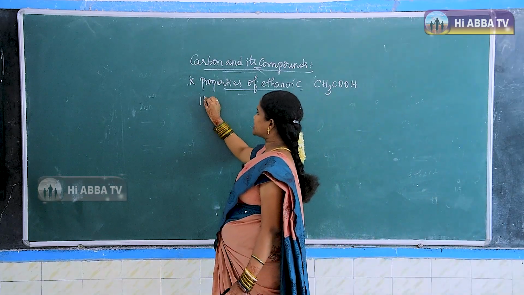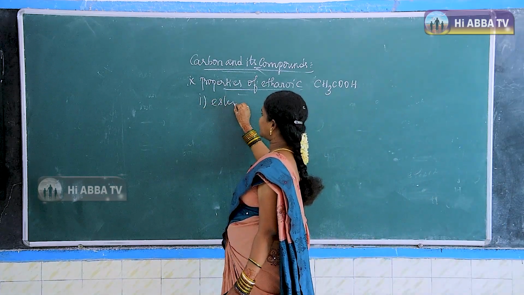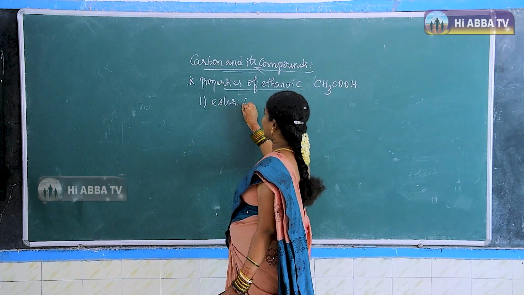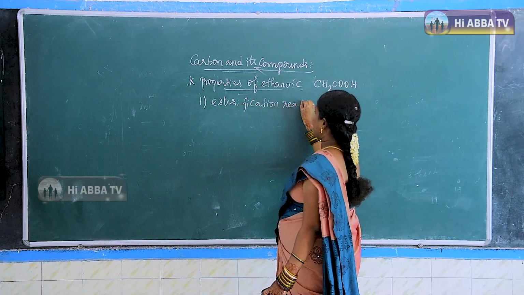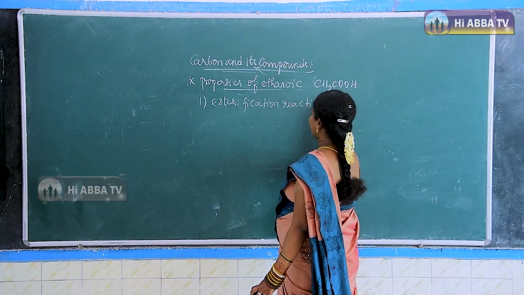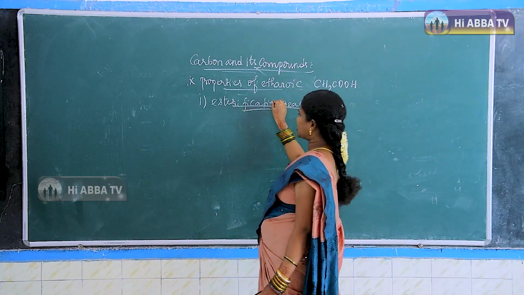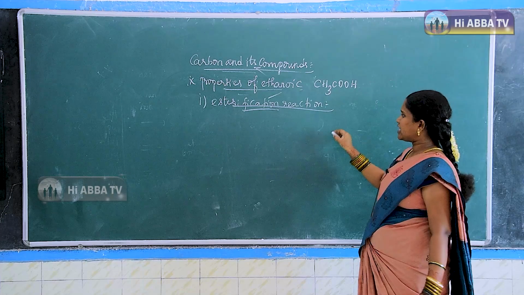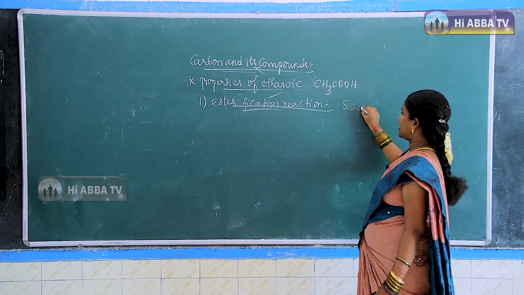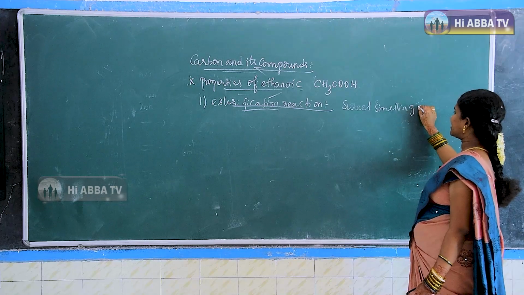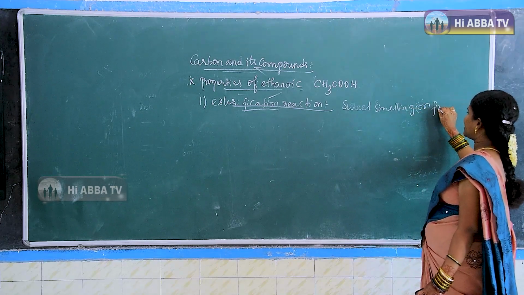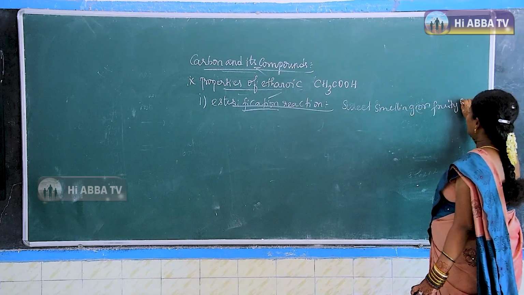In this, the first 3-mark topic we are going to concentrate on is the esterification reaction. Esterification is nothing but it gives a sweet smelling agent, which we call a fruity smell.